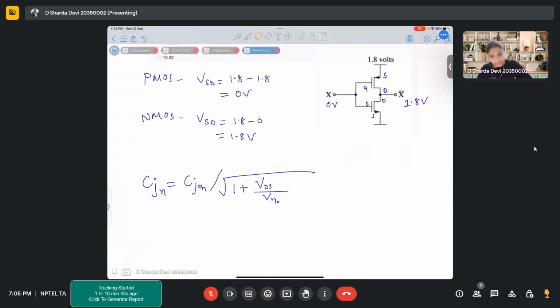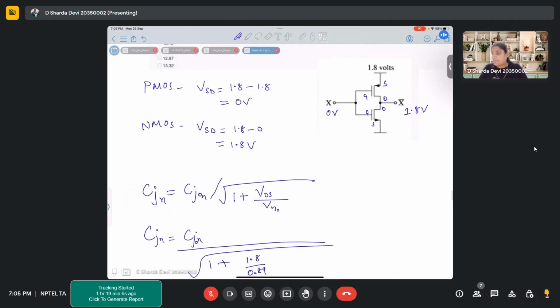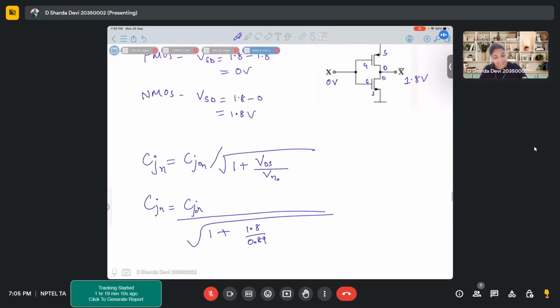So the junction capacitance for N will be Cj naught N by root under 1 plus 1.8 by V naught, which was 0.879. So what is the capacitance that we get for NMOS?